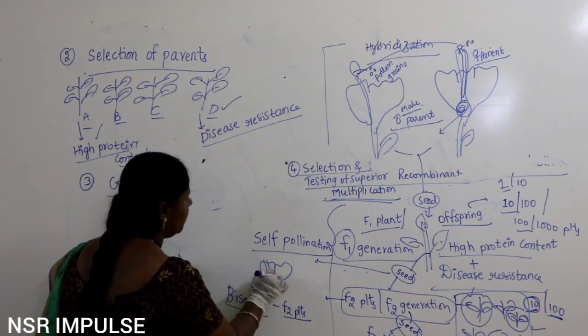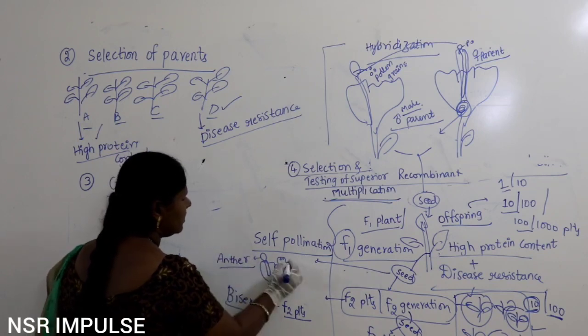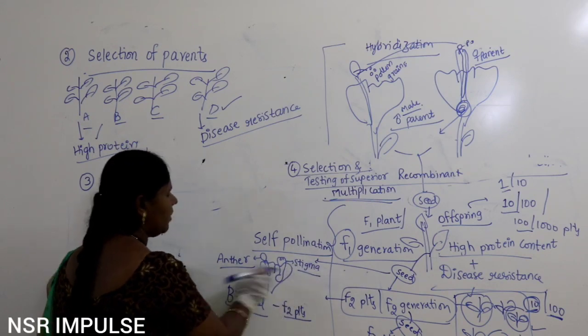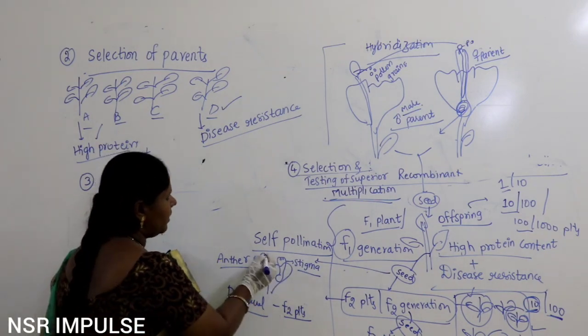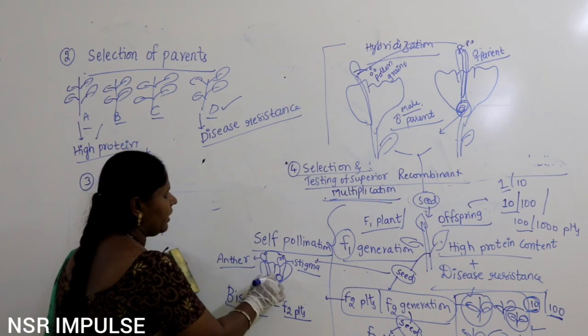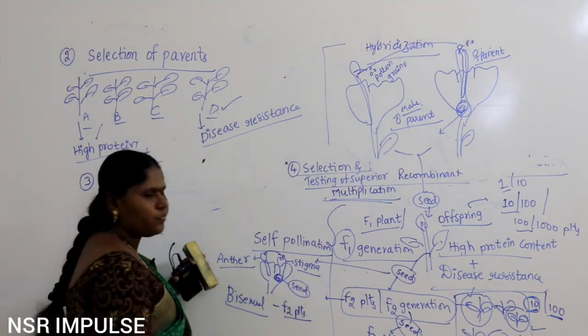Both anther and stigma are located on the same flower. Anther is here, stigma also here. So there is a transfer of pollen grain from anther to stigma, so that it will get fertilized, egg will come and embryo leads to formation of seed.